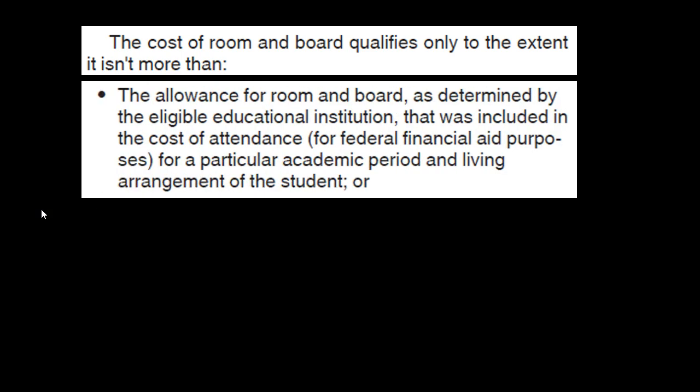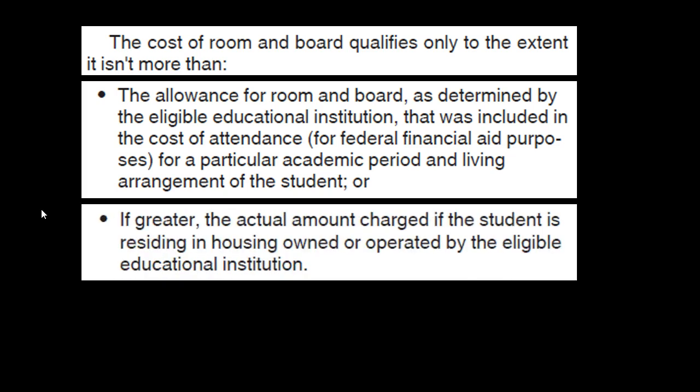Back to the text. The cost of room and board qualifies only to the extent it isn't more than the allowance for room and board as determined by the eligible educational institution that was included in the cost of attendance for federal financial aid purposes for a particular academic period and living arrangements of the student, or if greater, the actual amount charged if the student is residing in housing owned or operated by the eligible educational institution.